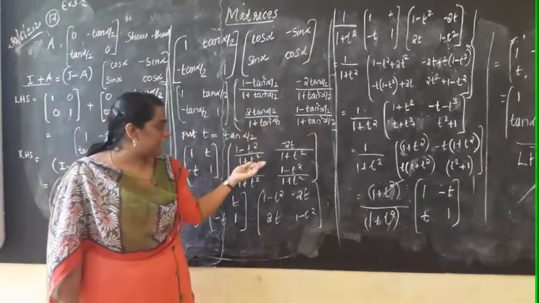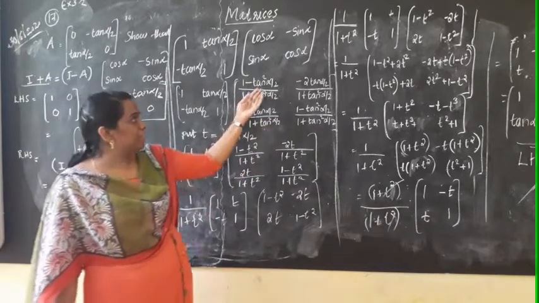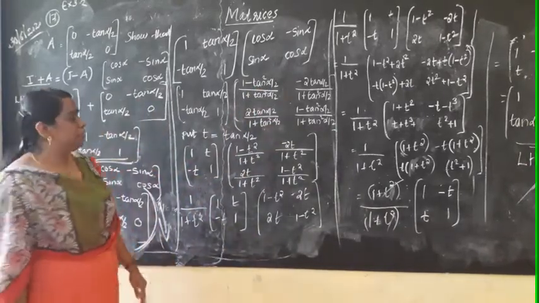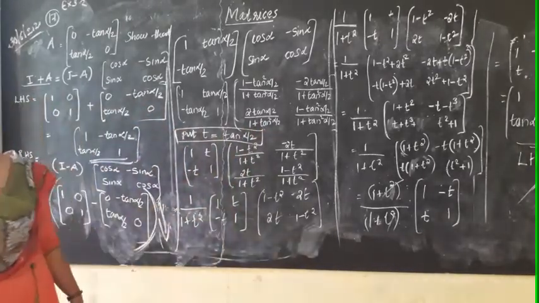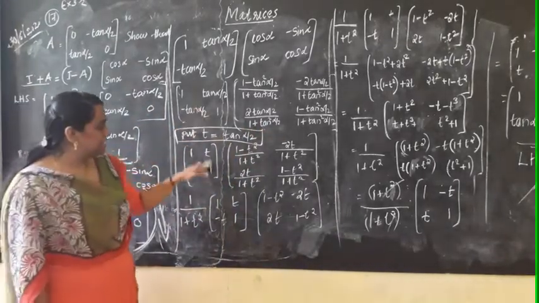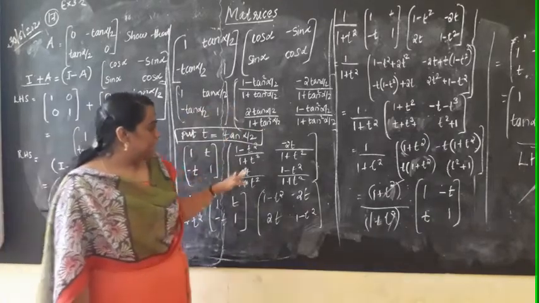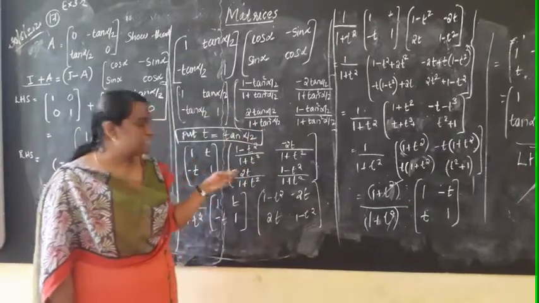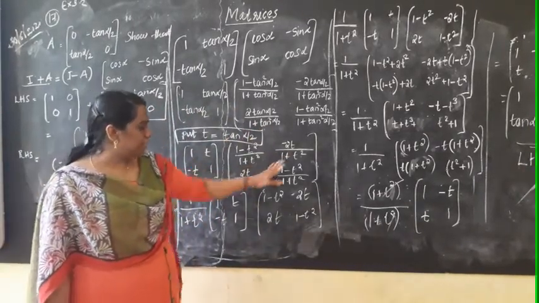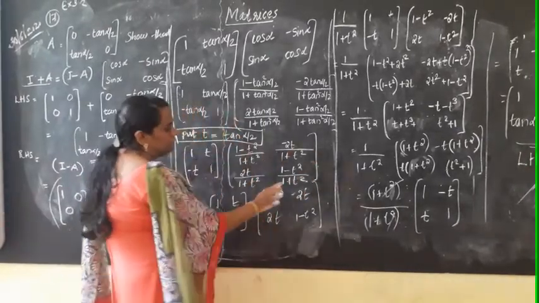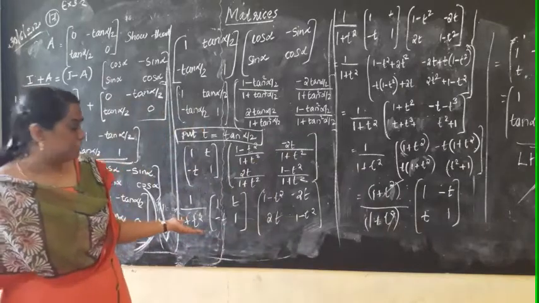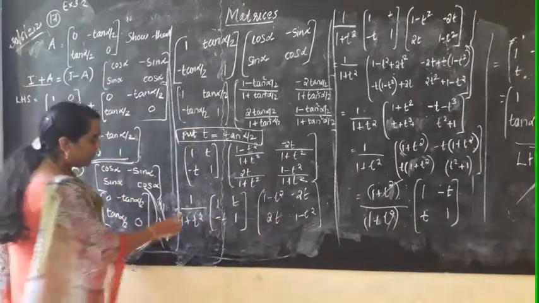Later for the simplification we can put t is equal to tan alpha by 2. Then replace here t, tan alpha by 2. Then after replacing that you can see 1 plus t square everywhere is the denominator. You take it out of the bracket.